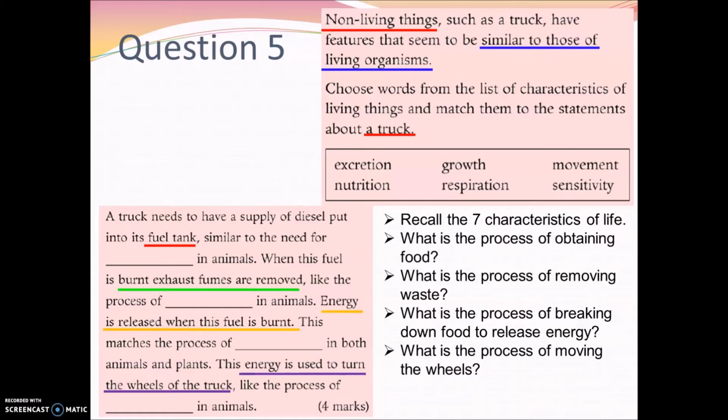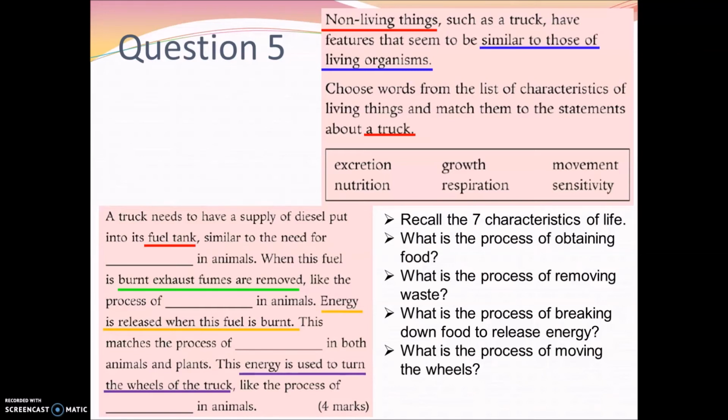For example, the truck needs diesel to supply it as fuel. So what is the process of obtaining food, just like in animals? And then when the fuel is burned, there may be some gases that should be removed. So just like in animals, we need to remove the waste. What is the process of removing the waste?